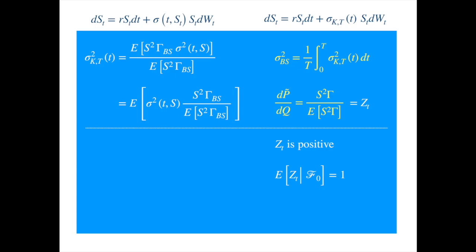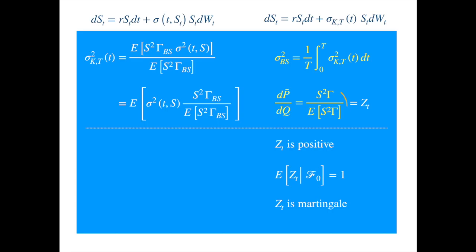This is because total probability is equal to 1, so the density must integrate to 1 with respect to the relevant measure. And because it's a process, we need to show that it's martingale, and if we do that, then it's a valid Radon-Nikodym derivative for change of probability measure, and we can proceed to simplify the expression by changing the probability measure.